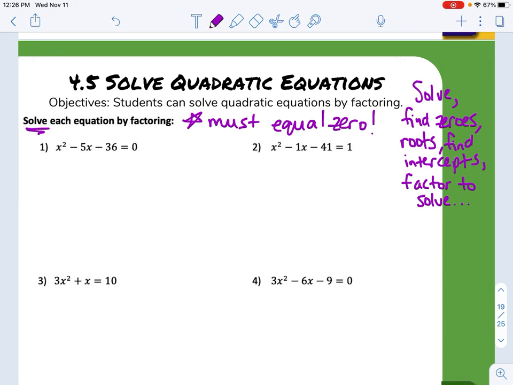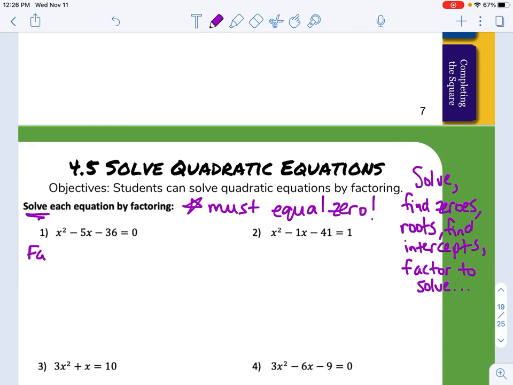So, as it says, we are going to solve each equation by factoring. That just means start by factoring. Like we did before, we need factors of 36 that subtract to -5.